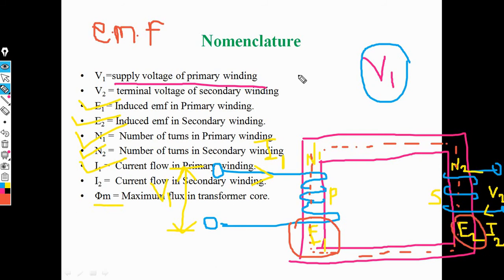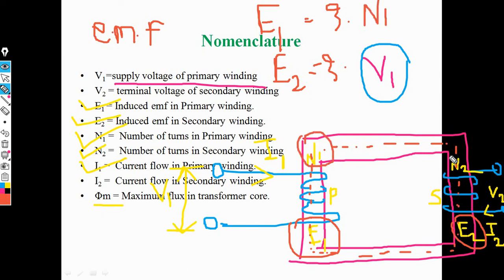First we calculate E1, then we calculate E2, with respect to turns N1 for E1, and turns N2 for E2.